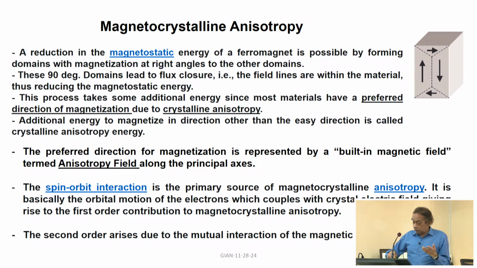Why does it happen? Because you know that the magnetic moment essentially arises from two sources. One is the spin of the electron, the other is the motion of the electron in a circular path around the nucleus. So, that is orbital motion. And there is spin orbit coupling, because when the electron moves, there is interaction between the electron and the crystal lattice. The crystal lattice will produce an electric field. For example, in nickel ferrite, you have oxygen all around, right?